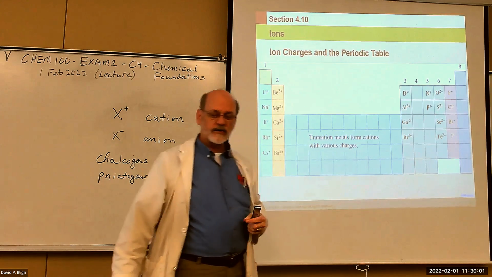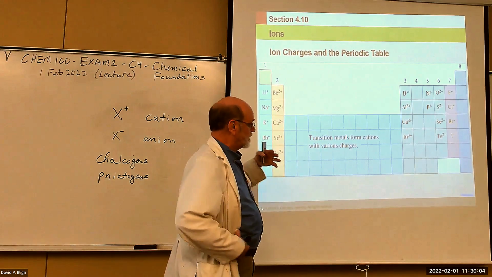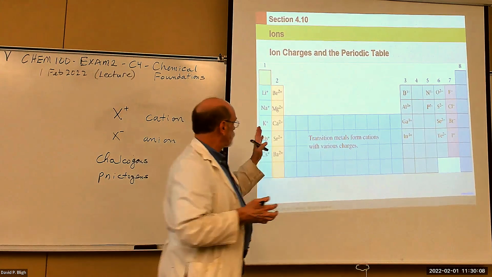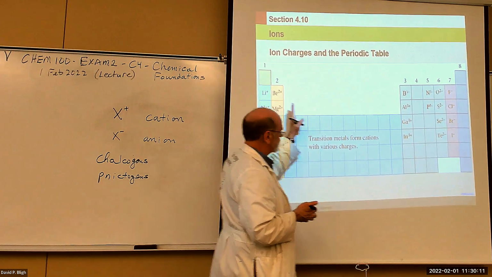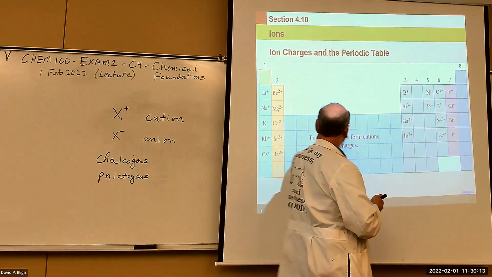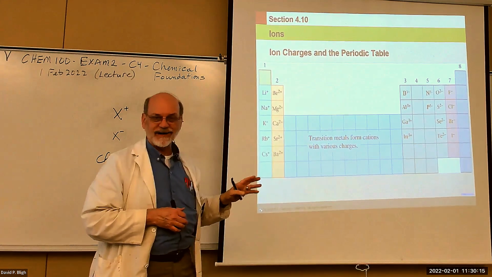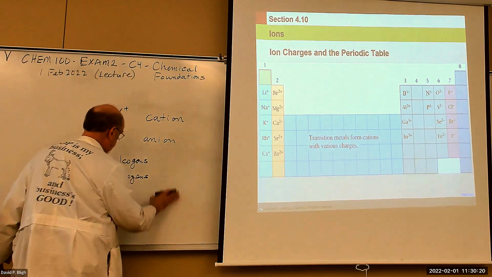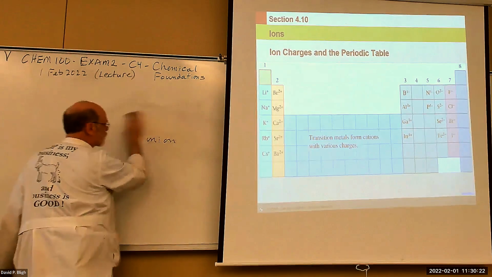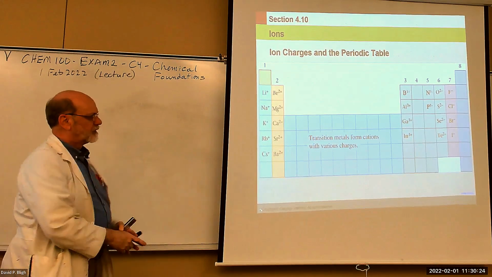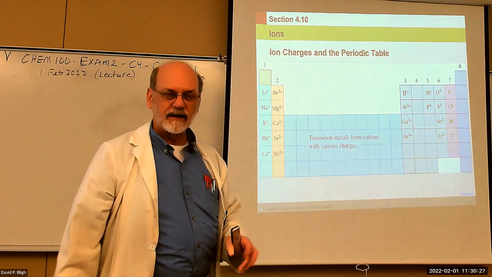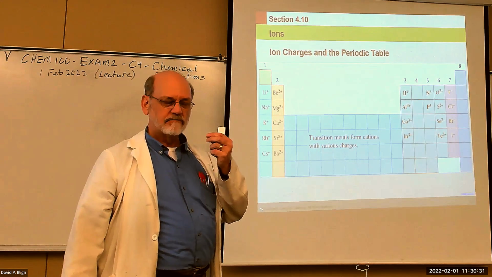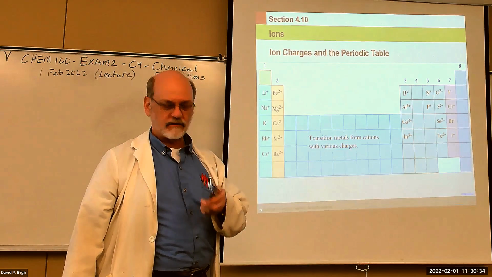Now later on, when we start talking about how the electrons actually behave in an atom, you'll see that this is logical. And these transition elements, we leave those out for now. We'll talk about them later. But knowing the charges that can form from these atoms when they react is important to know when you're trying to deduce a chemical reaction.